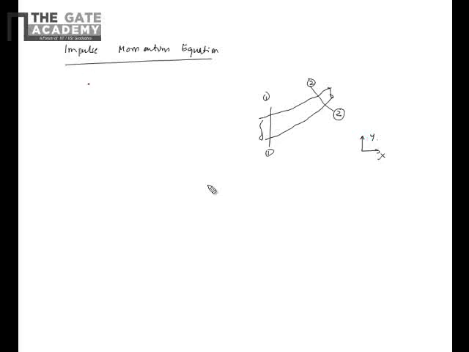Now let's start from scratch. This is your Newton's law in its direction. So what it means is summation of all the forces is mass into acceleration. You can write acceleration as dvx by dt, and you send dt that side, you get m dvx.